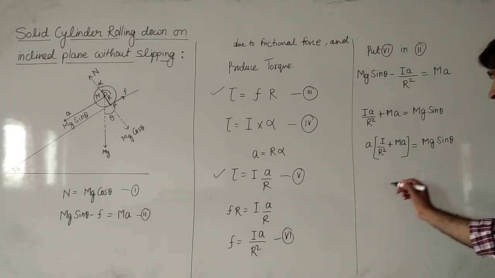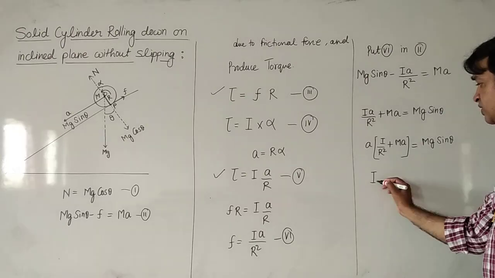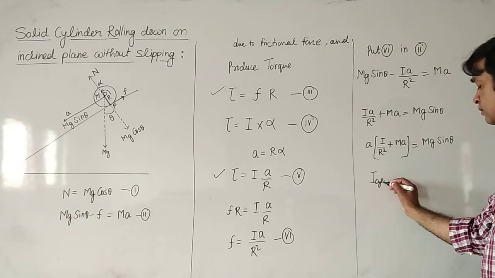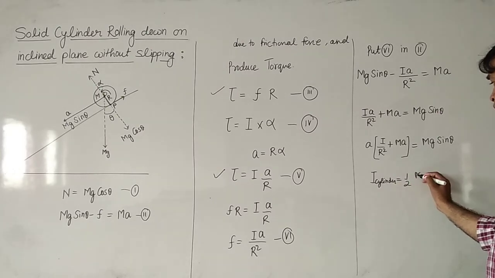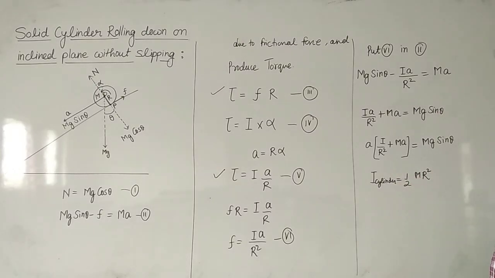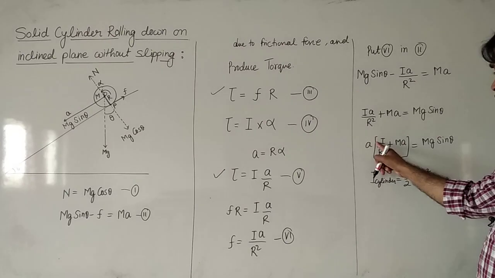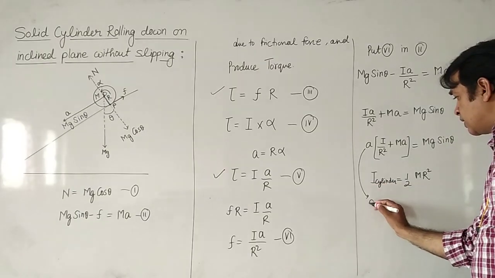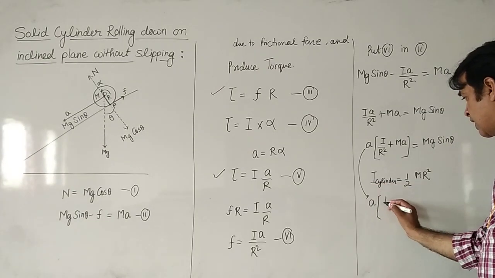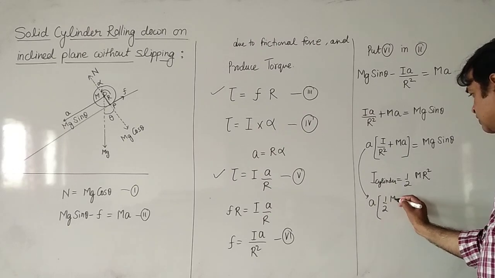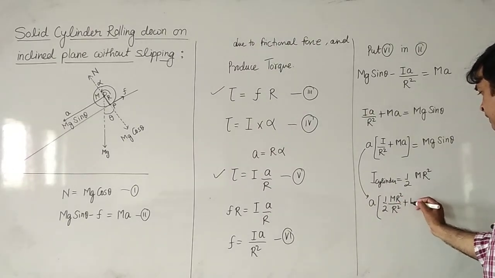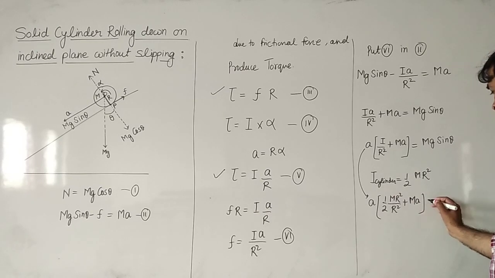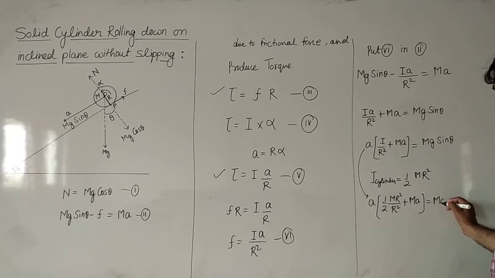Now the moment of inertia of the cylinder is half m R square, right? So put this value in the equation: (half m R square upon R square plus m) a equals mg sin theta.